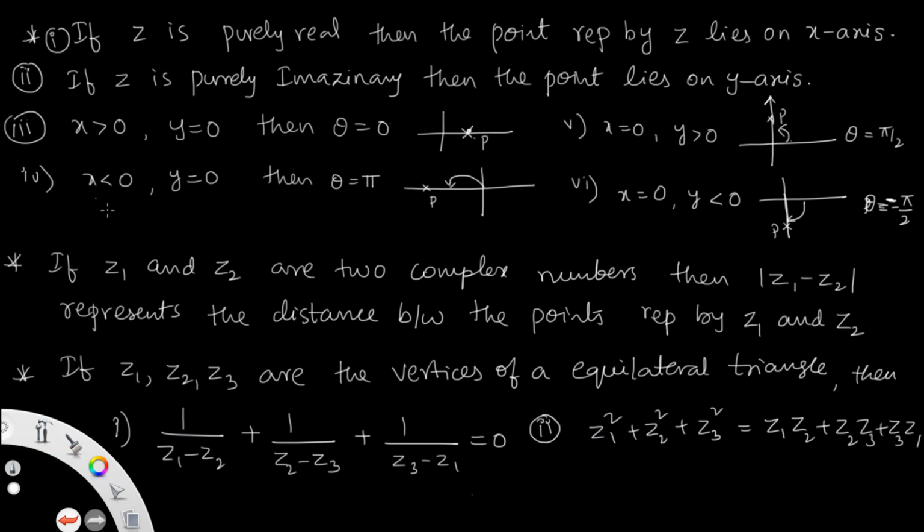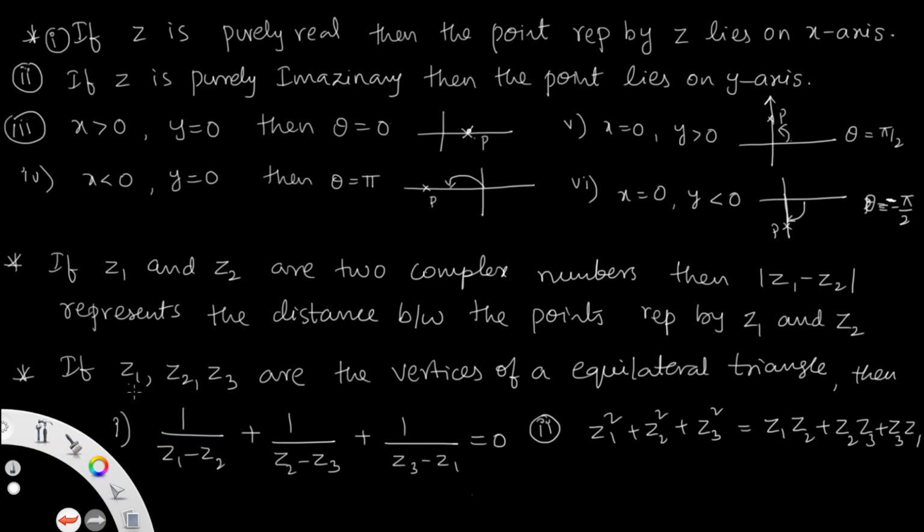If x is less than 0, that means on the left side of the axis, and y equals 0, then theta becomes 180 degrees or pi. If x equals 0 and y is positive, then theta equals pi by 2. If x equals 0 and y is less than 0, then theta equals minus pi by 2.